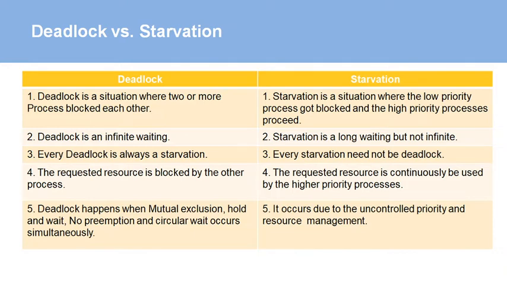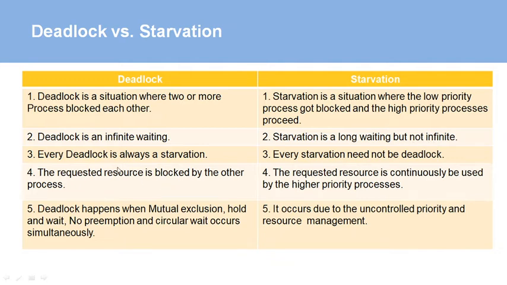So what is starvation? Starvation is a situation where low priority processes are getting blocked by the higher priority processes. Next, deadlock is an infinite waiting. There is no time frame for that. But starvation is a long waiting, but not infinite.